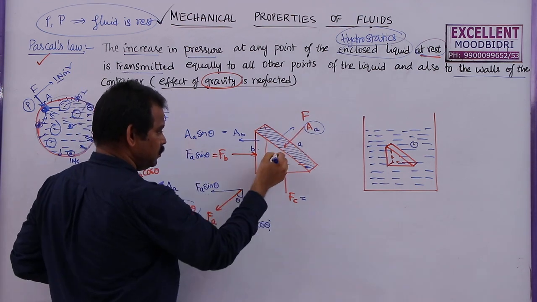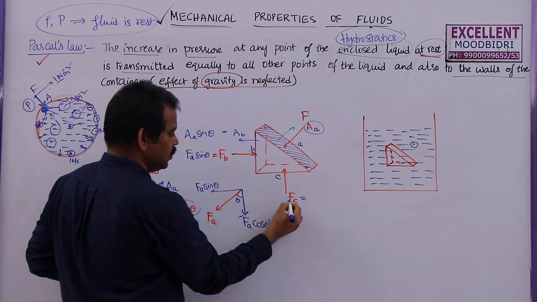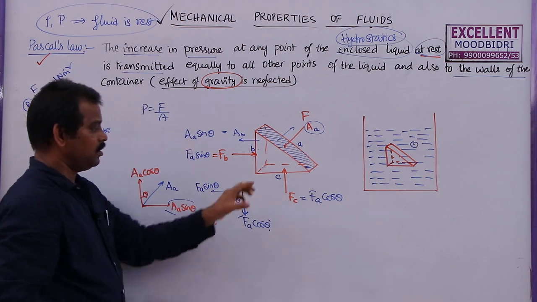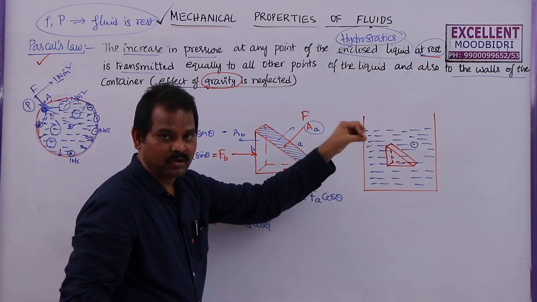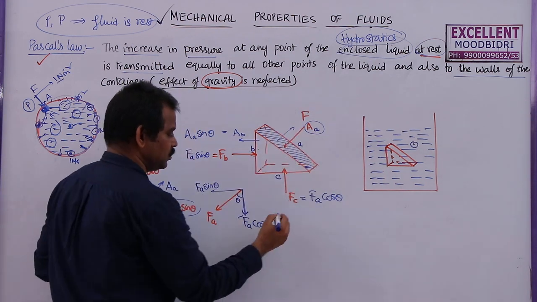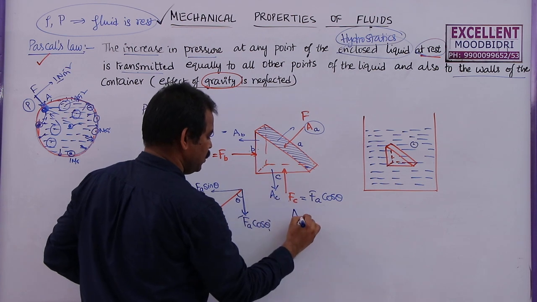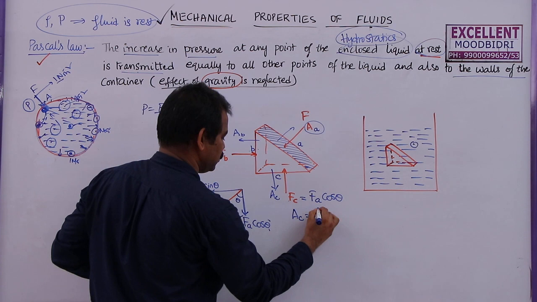So here, the component of this force is acting downwards and this force is acting upwards. So FC is equal to FA cos theta. Then only the particle present at this point will be in equilibrium, meaning it will be at rest. Similarly, the area vector of this one is AC. AC is given by this component AA cos theta.